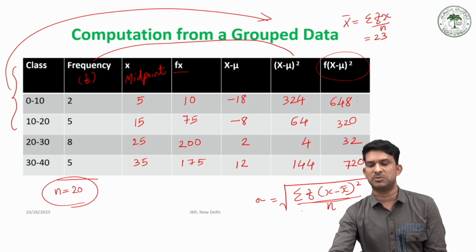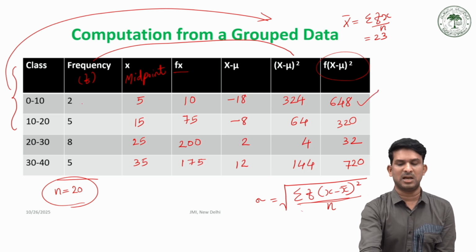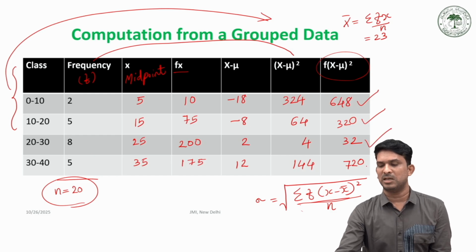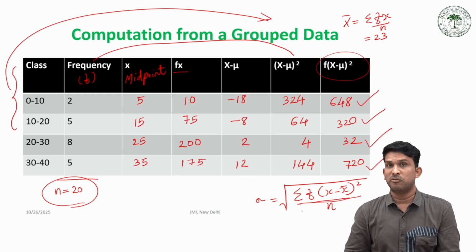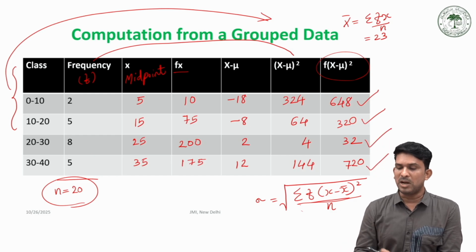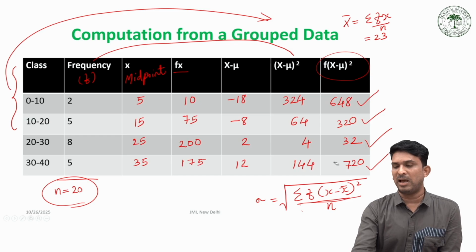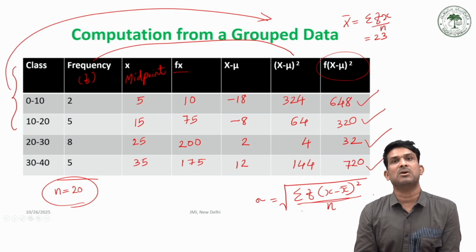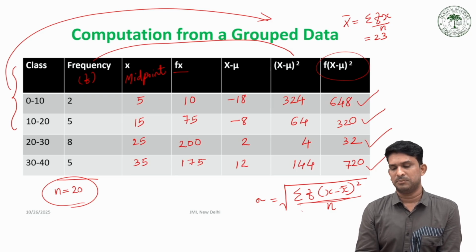So I got 648 for the first class, 320 for the second class, 32 for the third class, and 720 for the fourth class. So once you take all the values together, you will get the complete value of the numerator inside the square root.